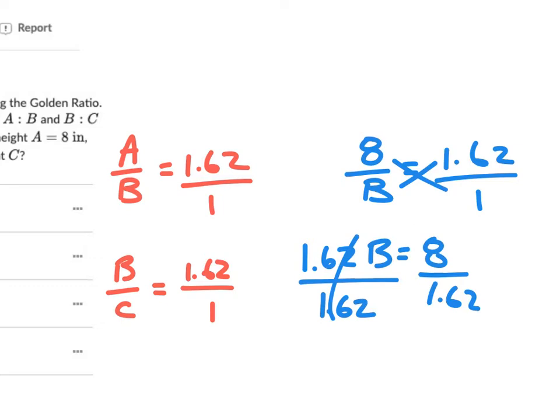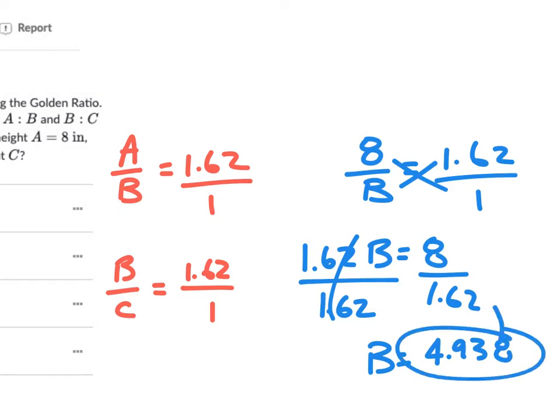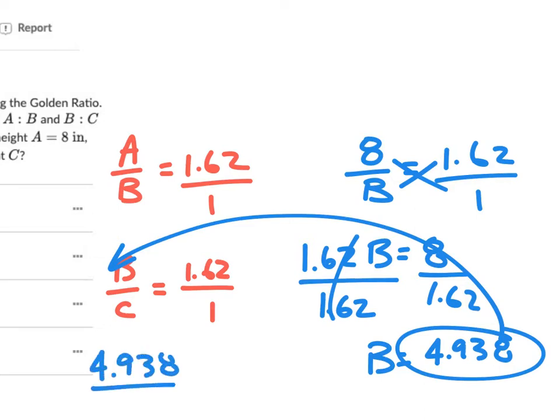Okay, so if I take 8 divided, and so then you get this number for B, what is it, like 4 point something? 4.9-ish. 8 divided by 1.62, 4.938. So B is equal to 4.938. Now, when I take this number here and plug it in down here, I get this. I'm going to do the same steps. 4.938 over C is equal to 1.62 over 1.